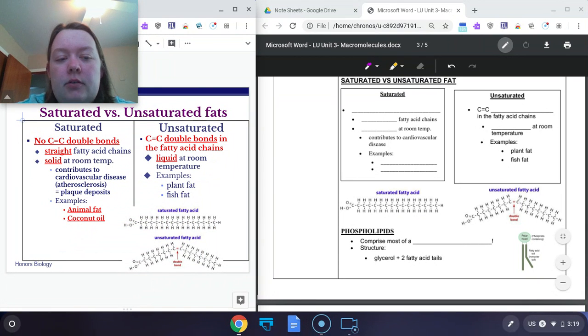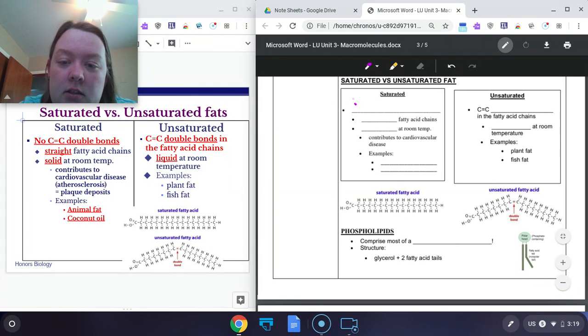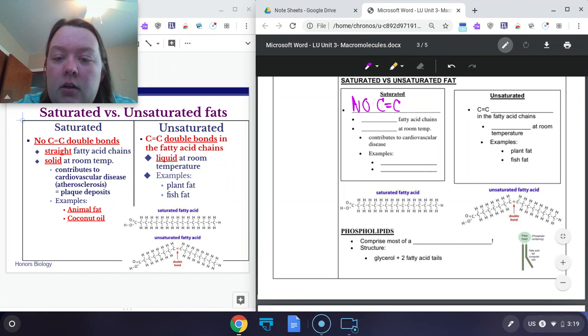Lipids can be either saturated or unsaturated, and I'm sure that you guys have heard of these as far as relating to health. So saturated fatty acids or saturated fats contain no carbon-to-carbon double bonds.